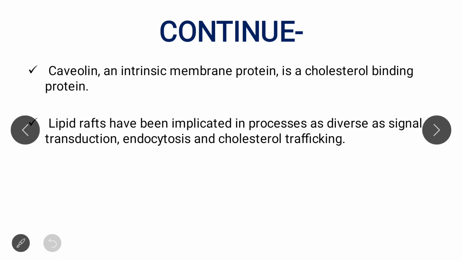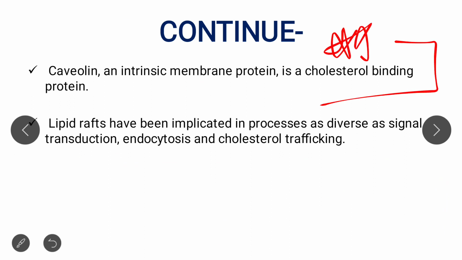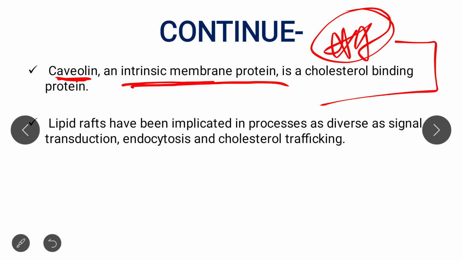Caveolin is the most important point. Please remember, a question will be asked from this point. Caveolin is an intrinsic membrane protein, as well as a cholesterol binding protein. I will discuss caveolin in detail in future cell biology lectures, where you will learn more about it.